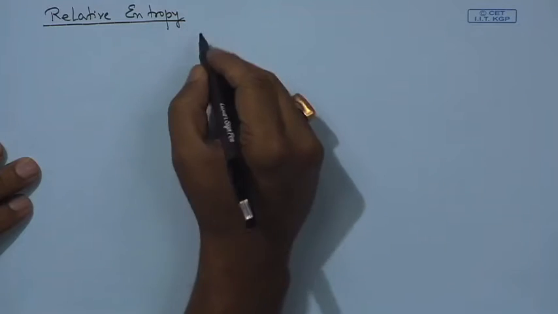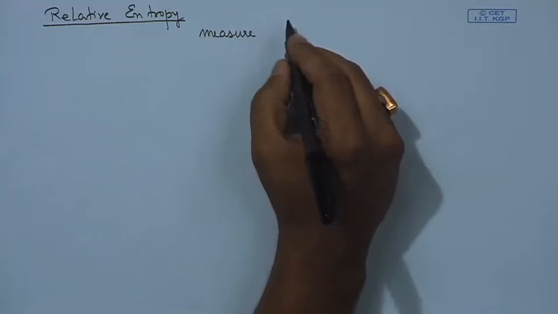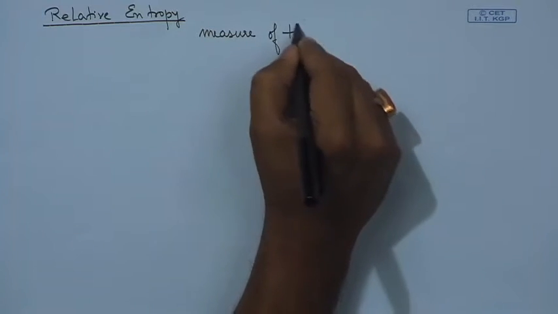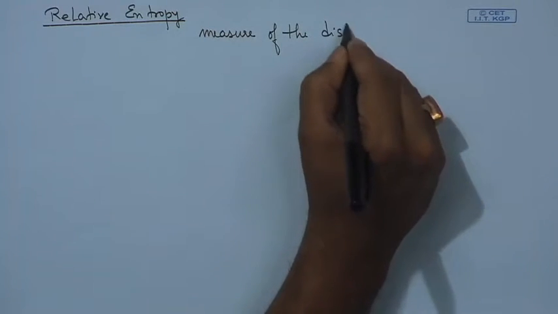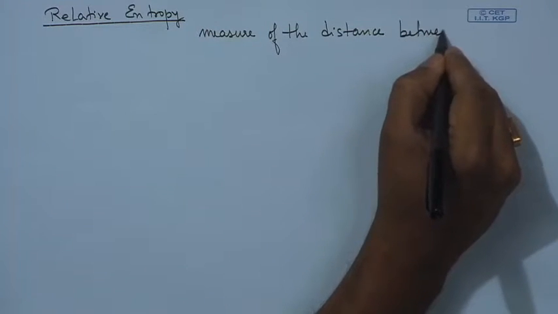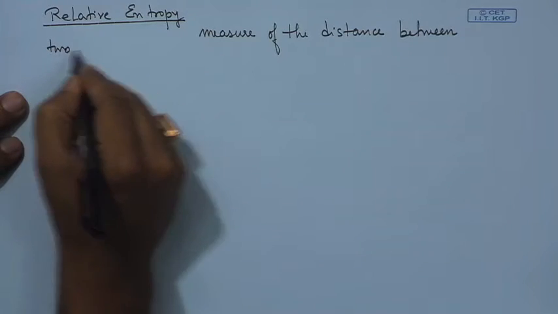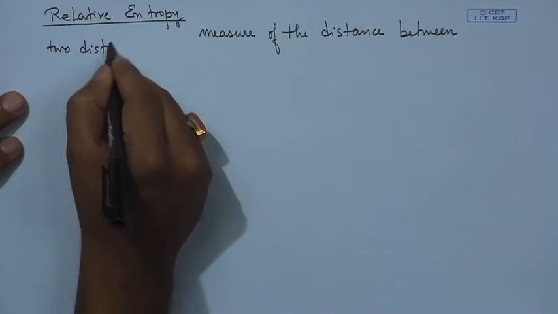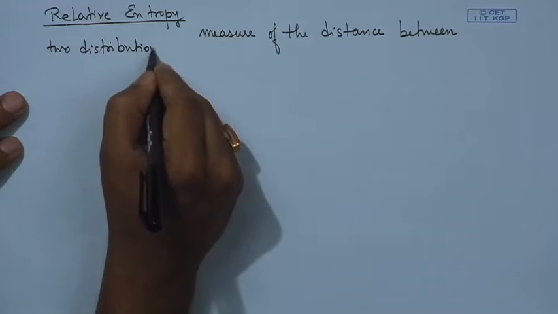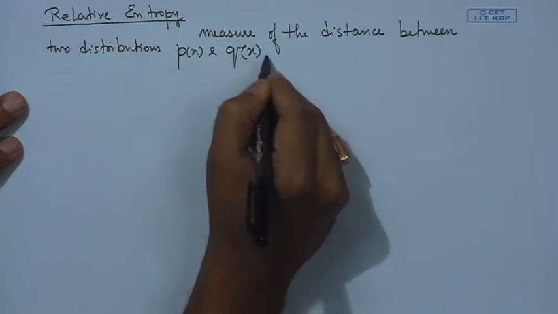When we talk of relative entropy, we would write this as the measure of the distance between two distributions p(x) and q(x).